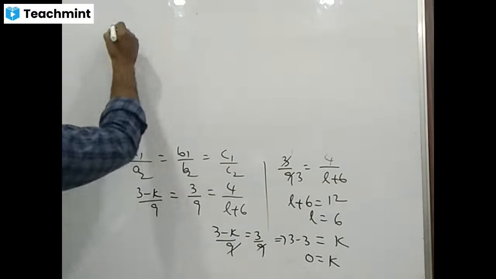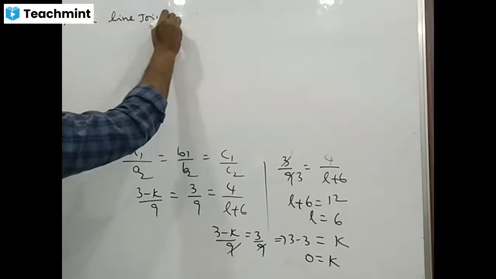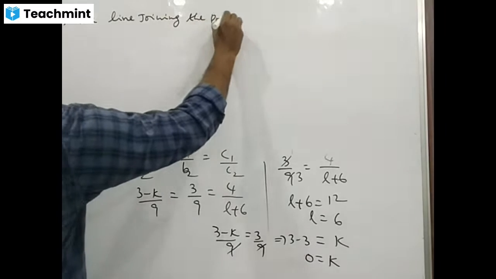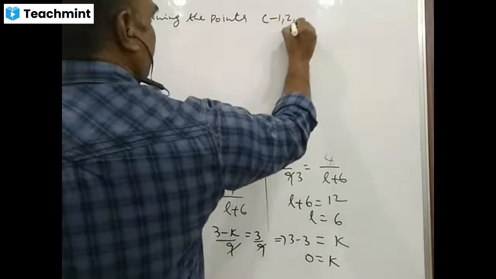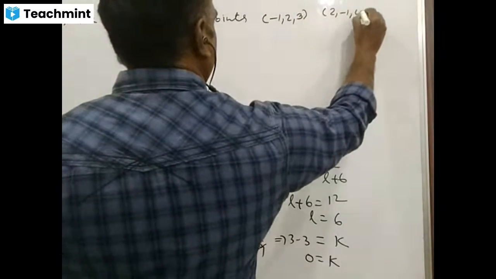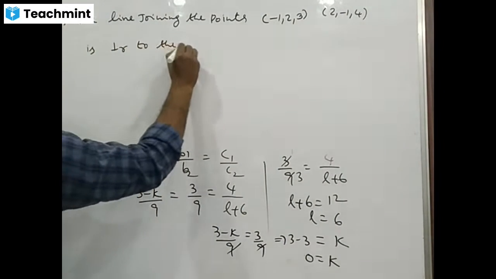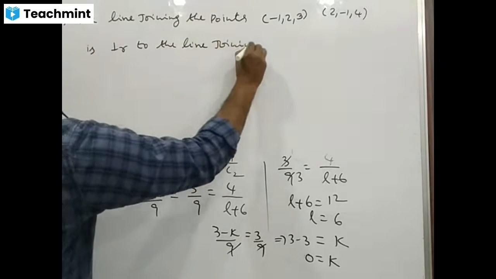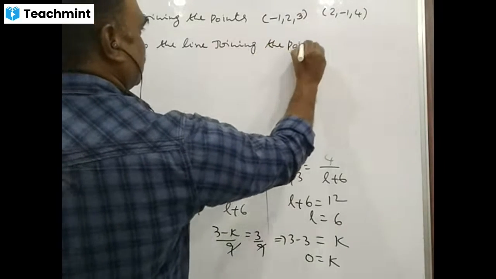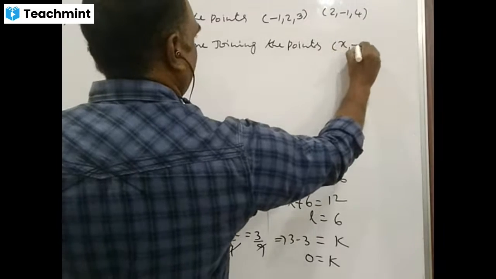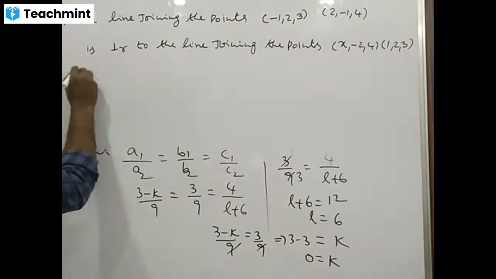If the line joining the points (minus 1, 2, 3), (2, minus 1, 4) is perpendicular to the line joining the points (x, minus 2, 4), (1, 2, 3), then x is equal to what?